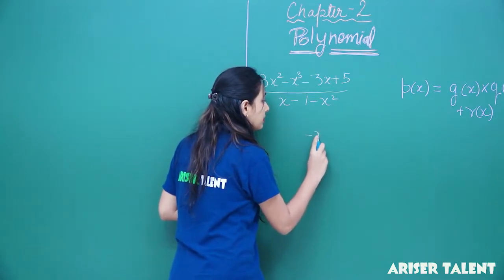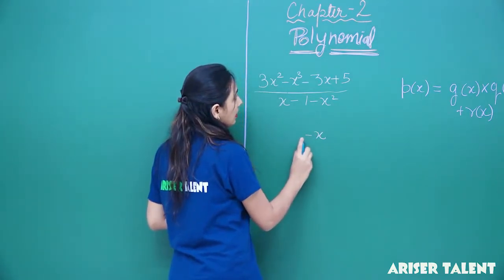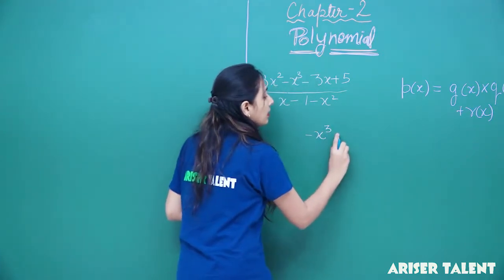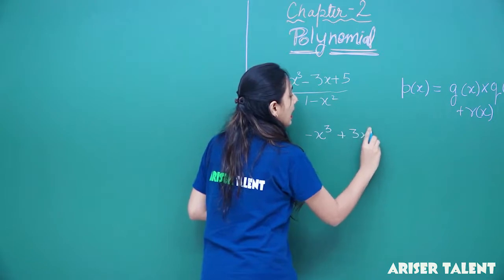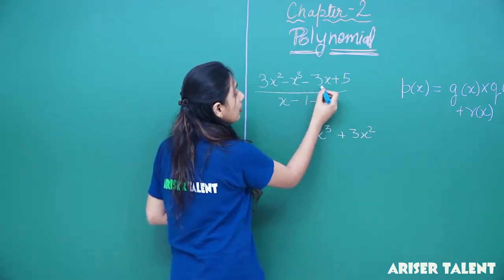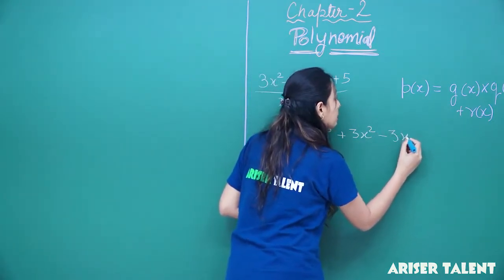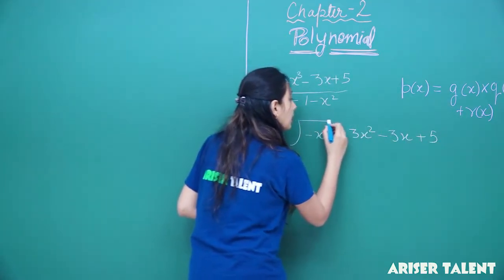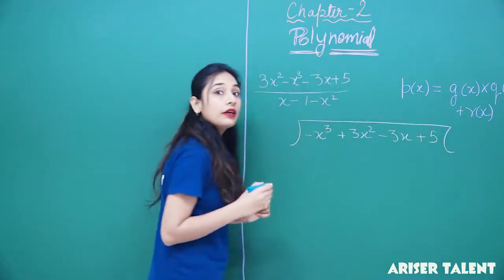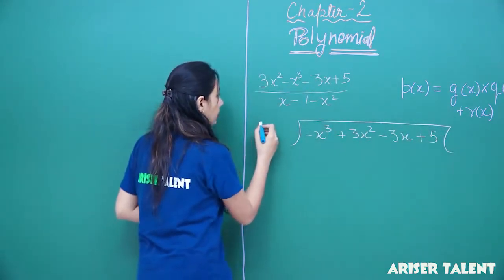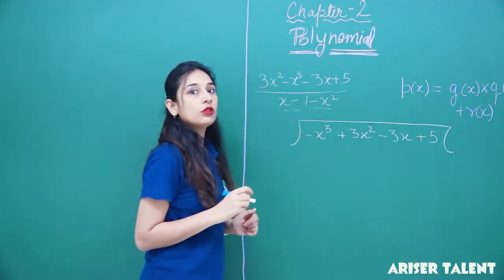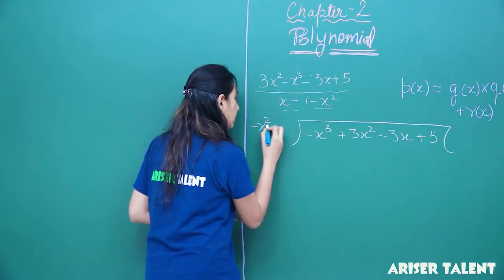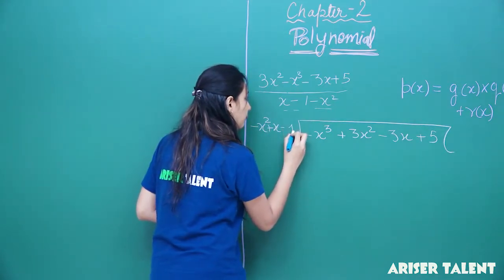So we will rearrange this like this, minus x cube, then plus 3x square, then minus 3x plus 5. This should be the method to write this. Now this is again not in proper order, so we have to write it as minus of x square plus of x and minus of 1.